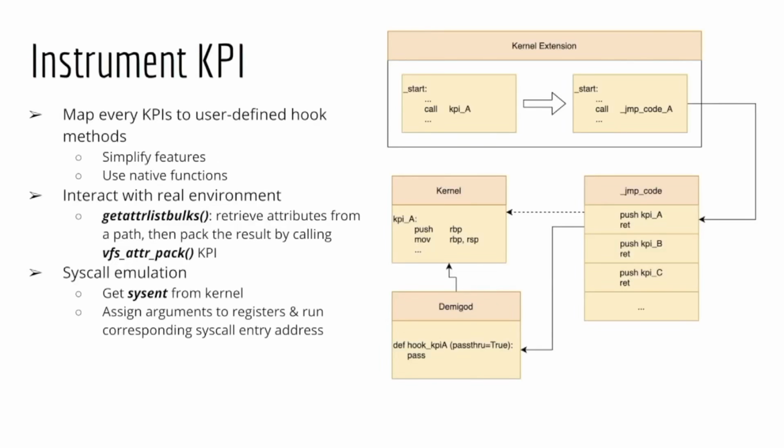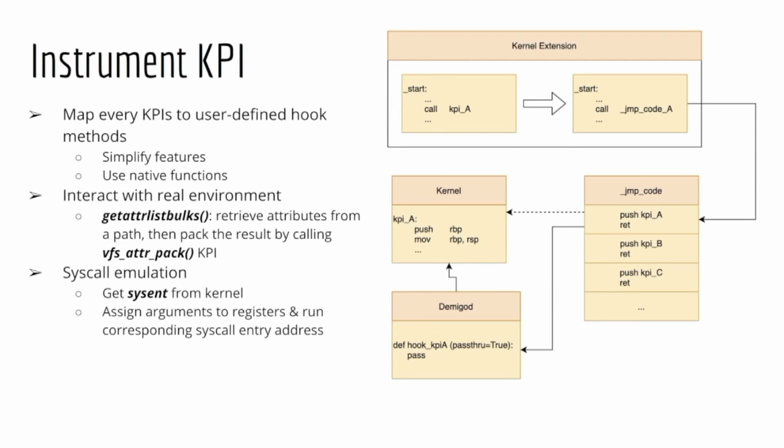Speaking about the instrumentation, I map all KPIs exported from the kernel to user-defined methods. It helps to simplify some features, or we can pass through it and use the native function. On the other hand, I also hook KPIs to disable multi-thread functionality.